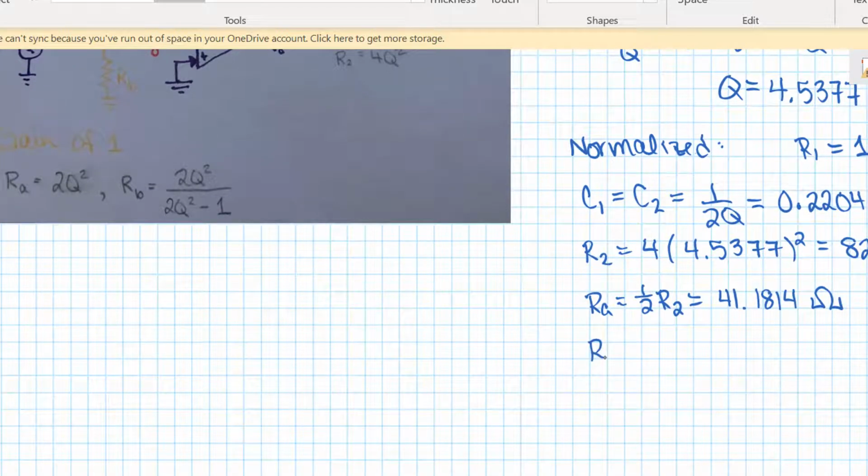And then R sub b is RA over RA minus 1, and I get 1.0249.